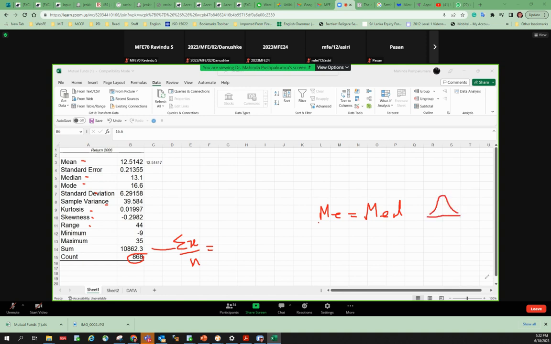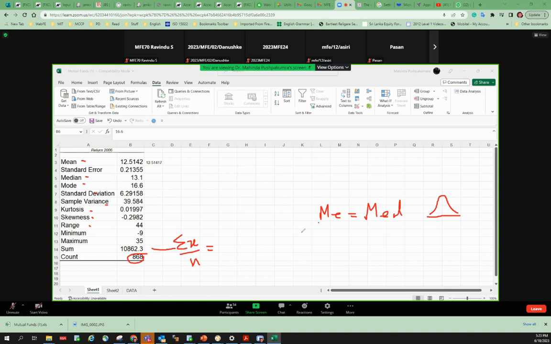But here they are not equal, though there is no big difference. They are almost the same. Then you can say the shape of the distribution may be approximately normally distributed. It is not a normal distribution, but it may be near to the shape of the normal distribution. That is not about the central tendency, that is about shape of the distribution.